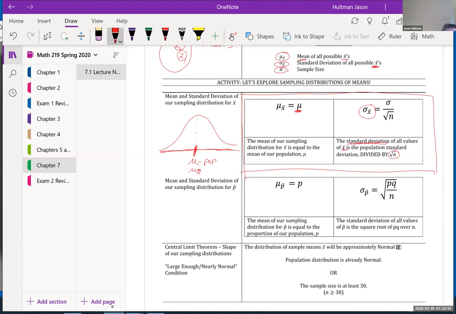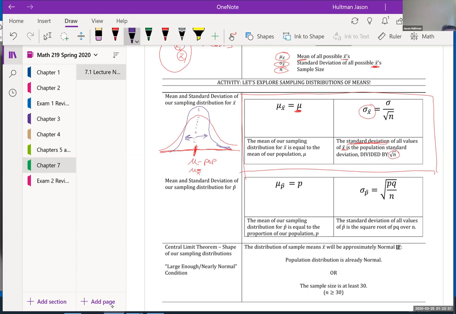And what that does is it makes a thinner distribution. Maybe I'll put this in a different color. Now the mean is in the same spot, but the standard deviation is smaller because I divided by the square root of the sample size, a number bigger than 1.